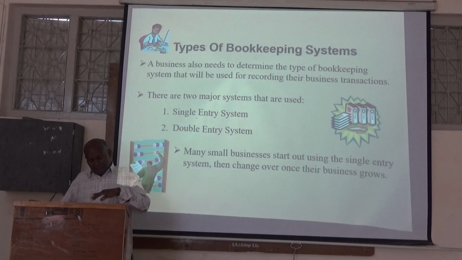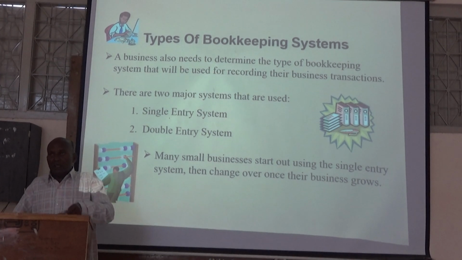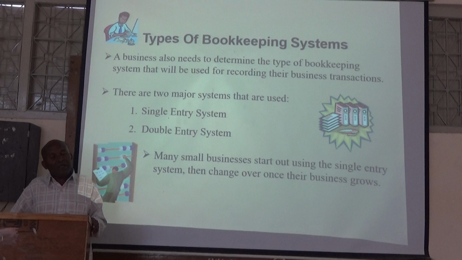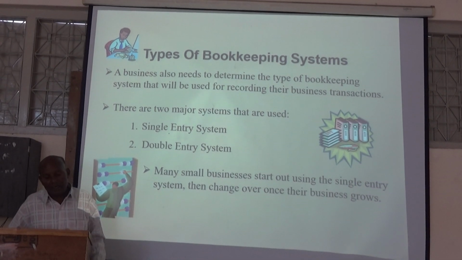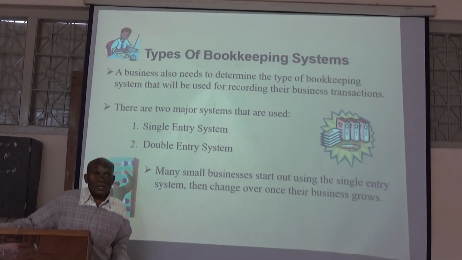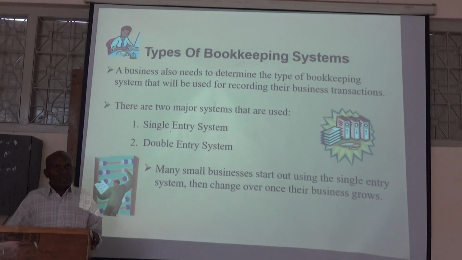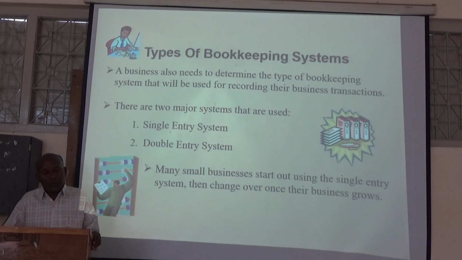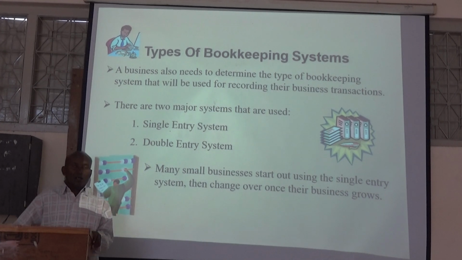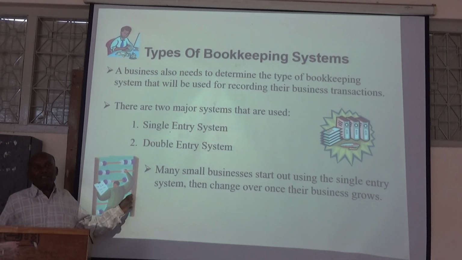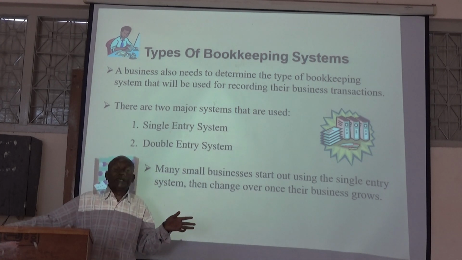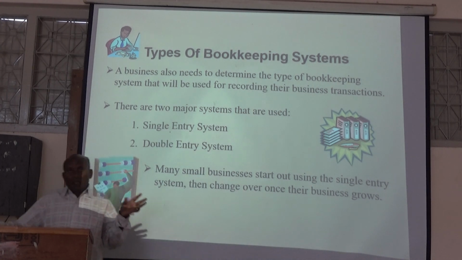In a single entry system there is only one effect, but in a double entry system, we study that every business transaction has two effects: one on the debit side and another on the credit side.